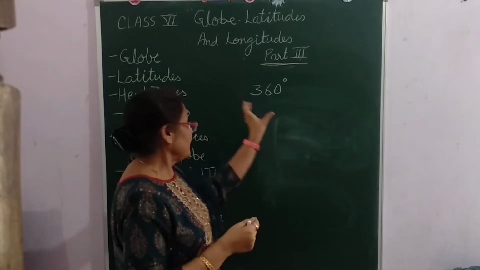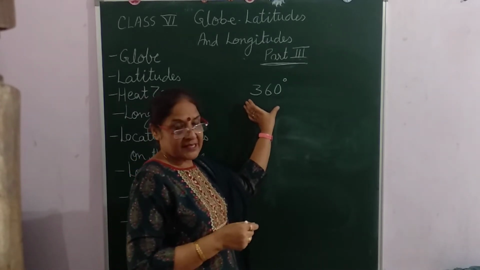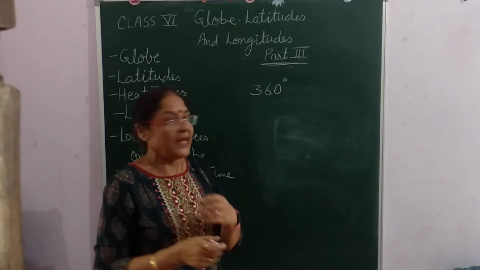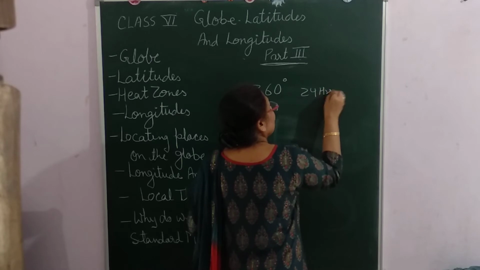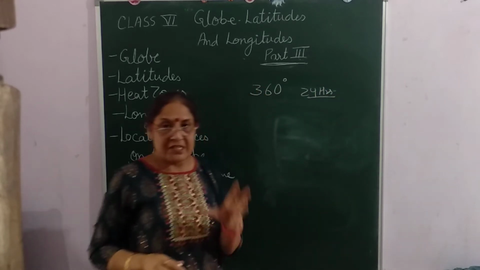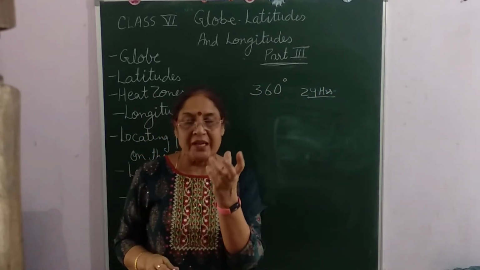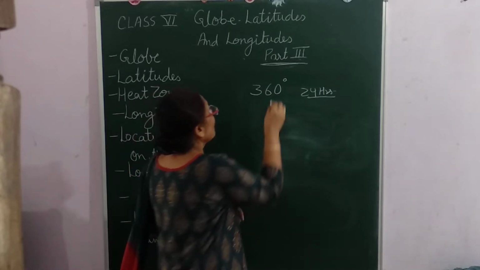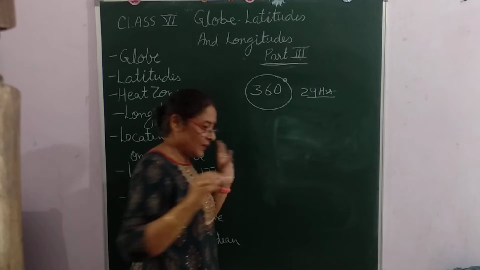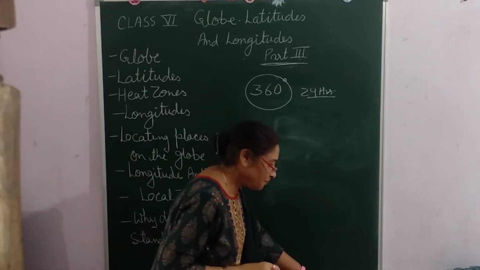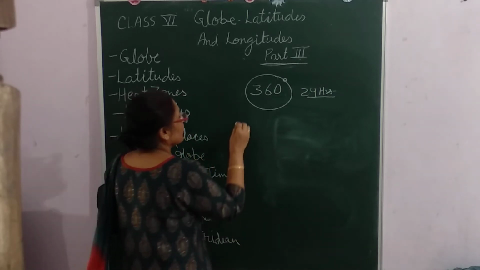Clear? And these 360 meridians complete one spin in 24 hours. The earth completes one spin in 24 hours, and all 360 degrees are covered in 24 hours. Clear? Now look at the board.